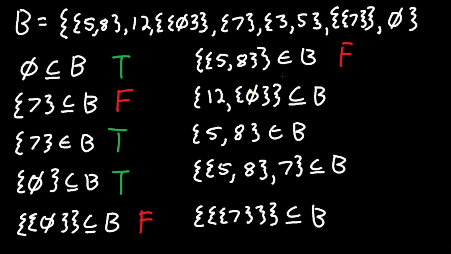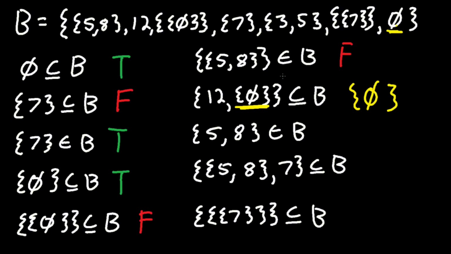Is the null set inside of a set an element of B? Well, we have the null set inside of a set, but that's not equal to just the null set inside of a set. There's an extra bracket here. We're still testing this, by the way.